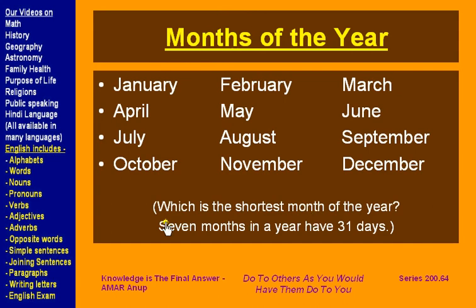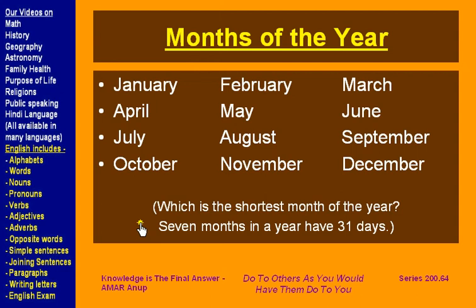Months of the year are capitalized. So January, February, March, April, May, June, July, August, September, October, November, December, all the first alphabets of all these names are capitalized, as you can see here.